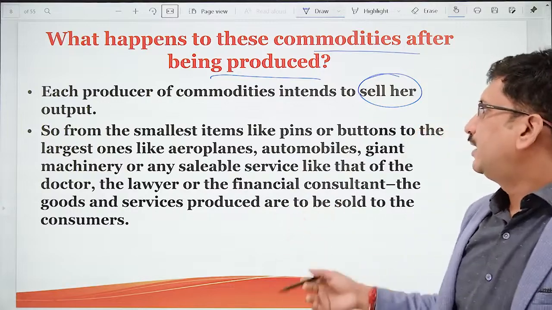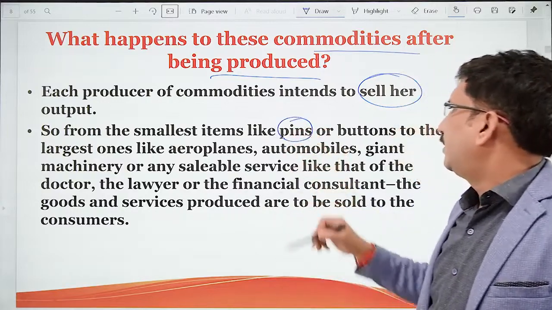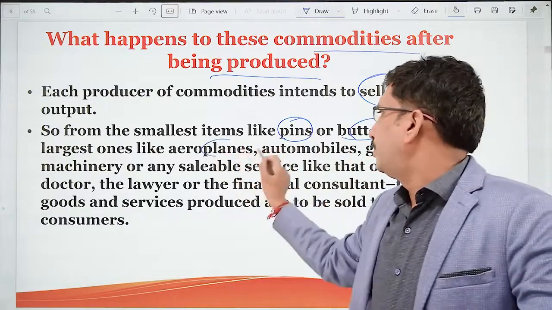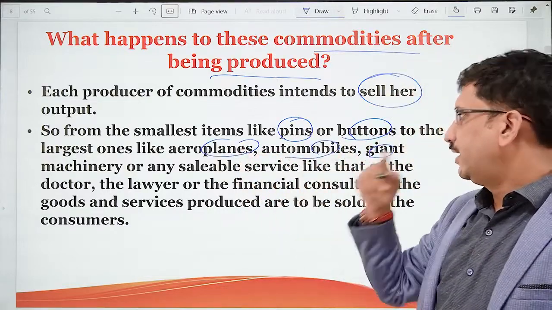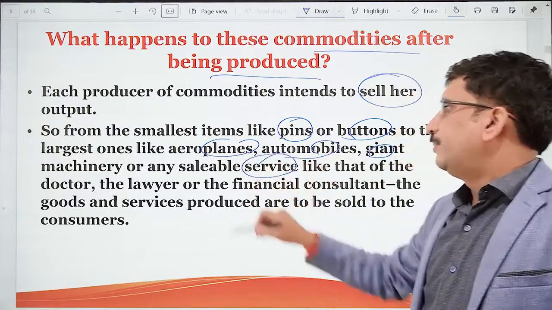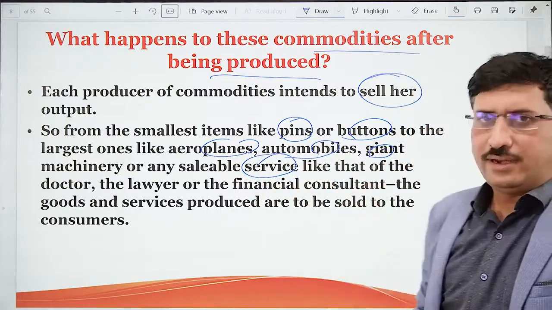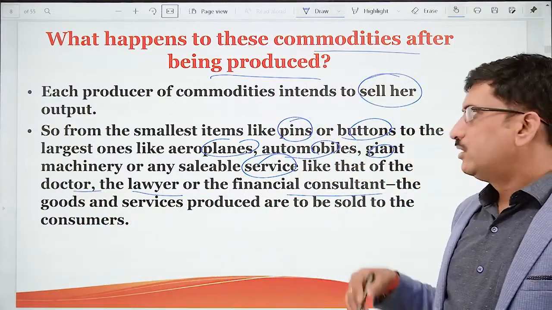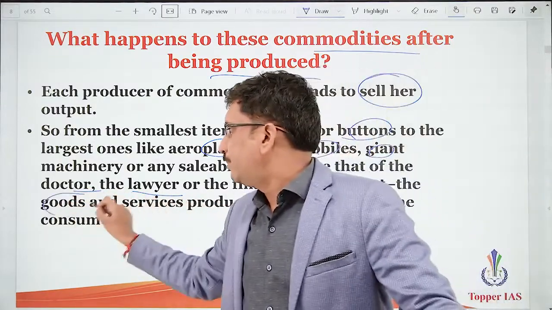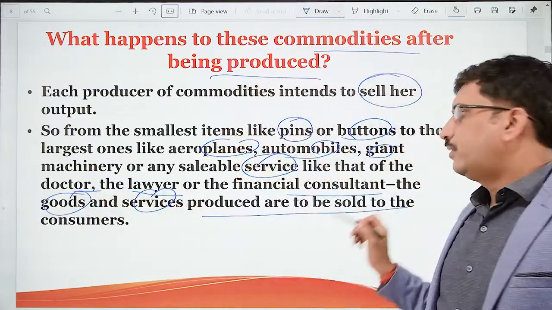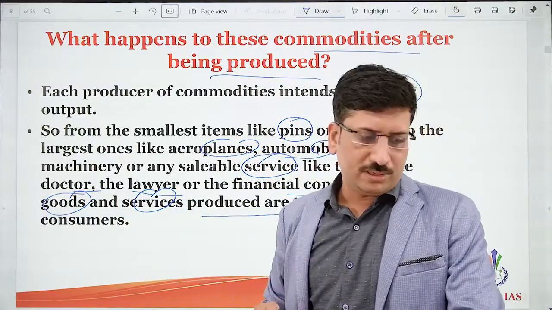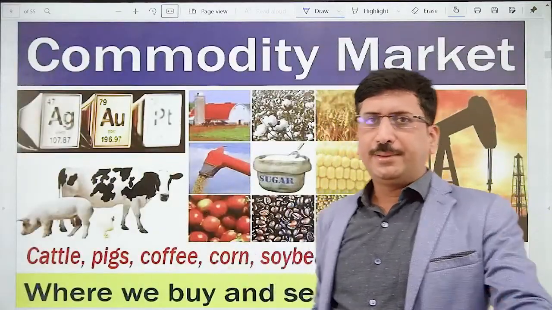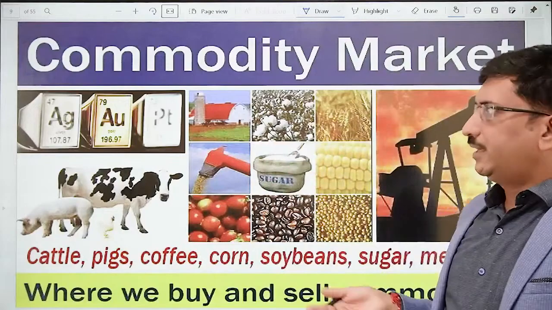It may be a very small item like a pin or button, the largest like an aeroplane, automobile, machinery, or it may be services like a teacher or a doctor, lawyer, financial consultant. So it may be a good or a service being produced and sold to consumers. So we can see the commodity market here.